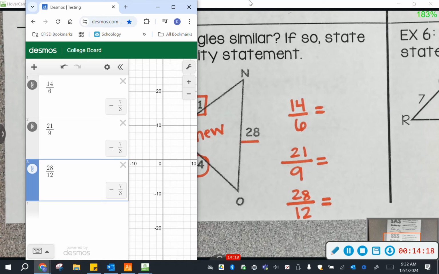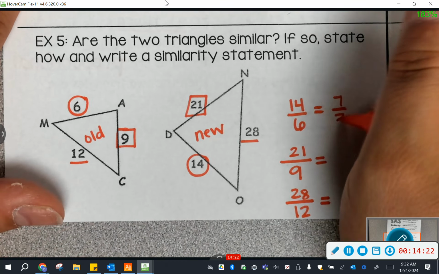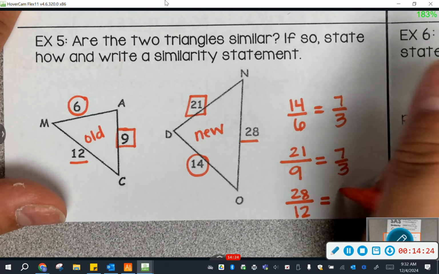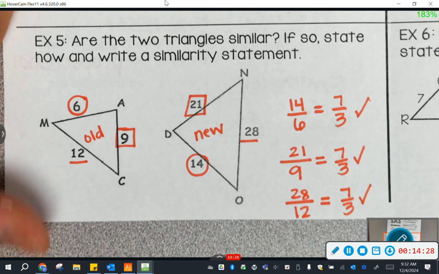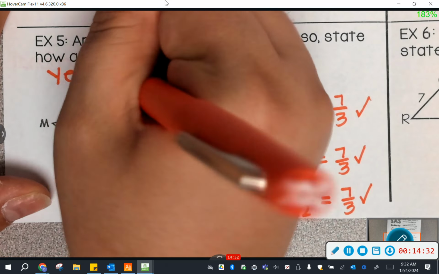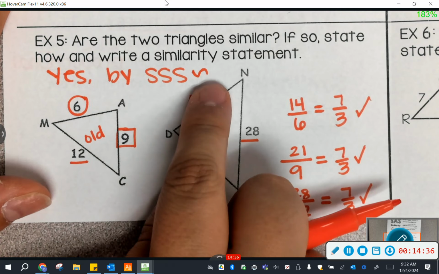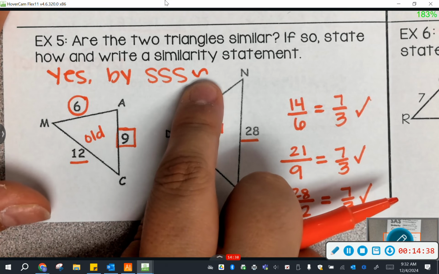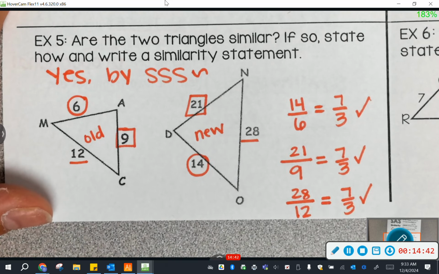Do I get the same number? 7 over 3. They all reduce to 7 over 3. So, are these proportional? So, are these triangles similar? Yes, by SSS similarity. Don't forget that squiggly. Yes, by SSS, or I'll count off a point.